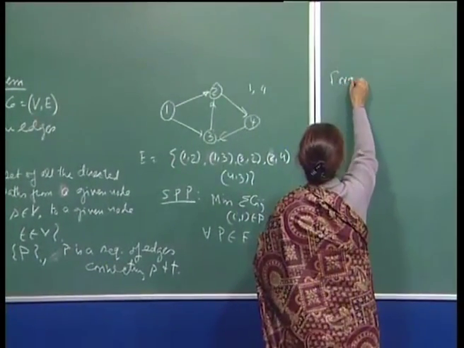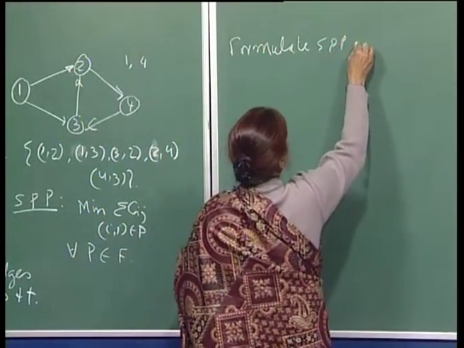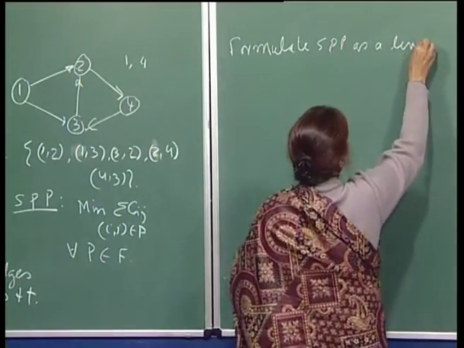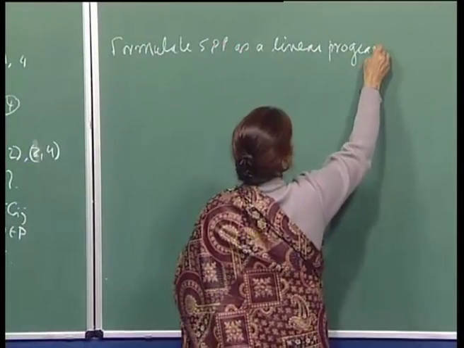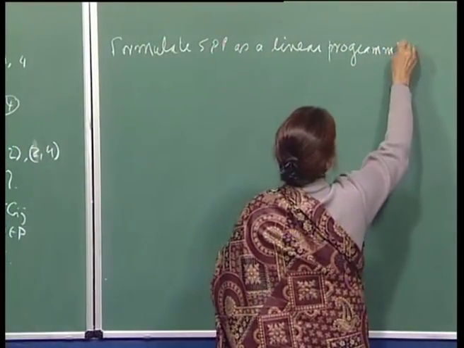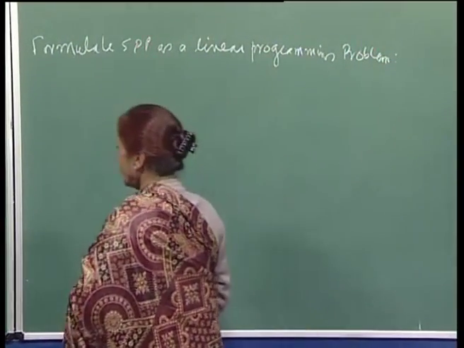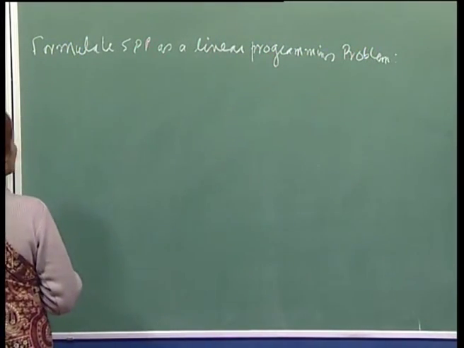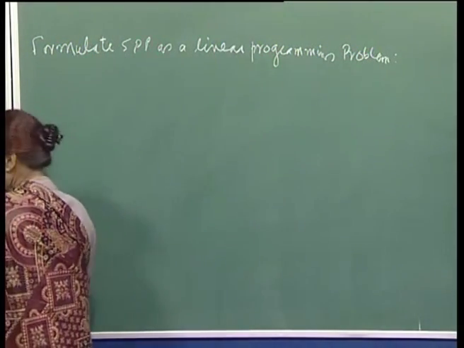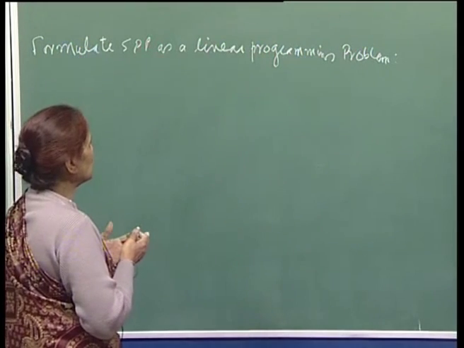So, let us formulate SPP as a linear programming problem. You have to understand what a path would mean, or how you would restrict your choice of the variables in such a way that you have a path.